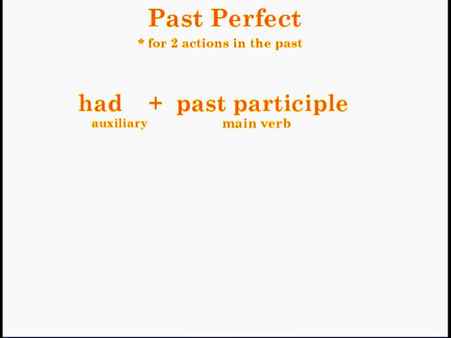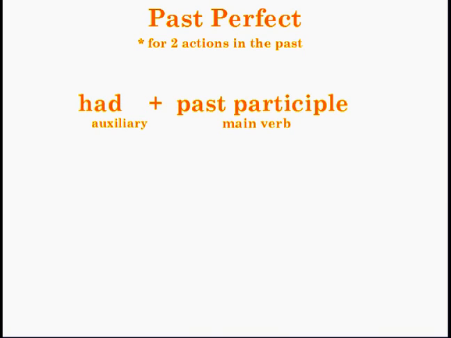And the past participle. And that's the main verb, okay? So the auxiliary is had, and the past participle is the main verb. Now, I can use a negative if I say hadn't, for example, right? If I want to be negative, I can use the negative auxiliary hadn't, right?